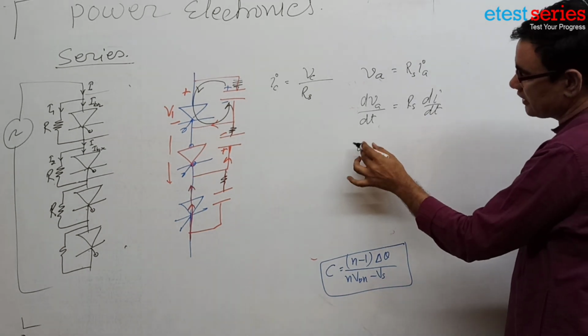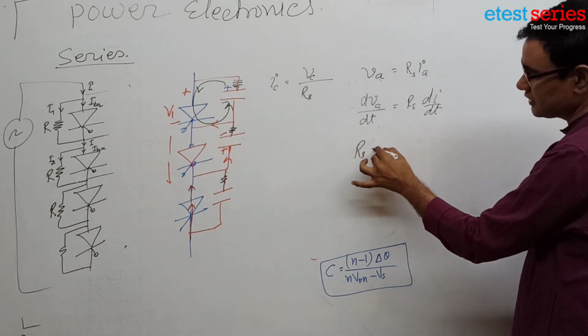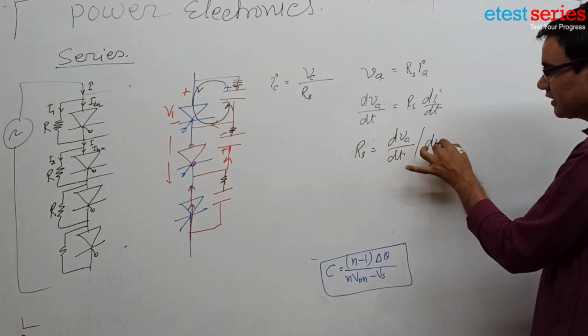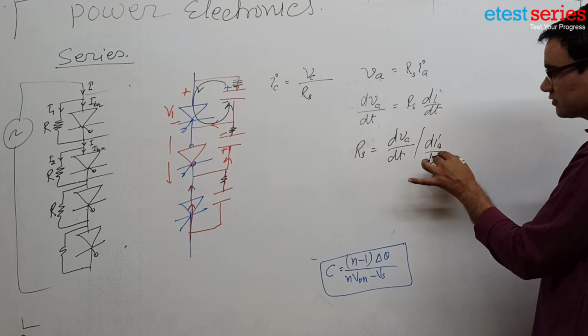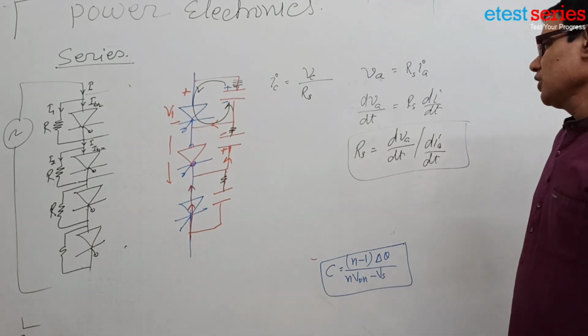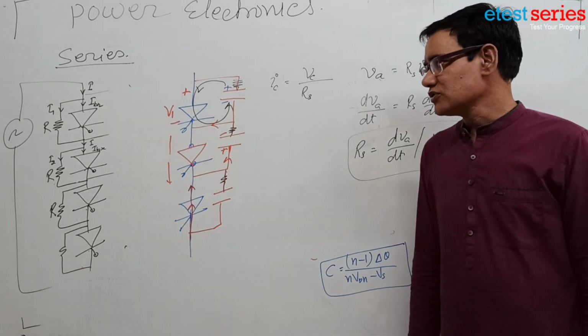This R series is equal to dVA/dt divided by di/dt. So this is the way we can find out the value of the series resistance.